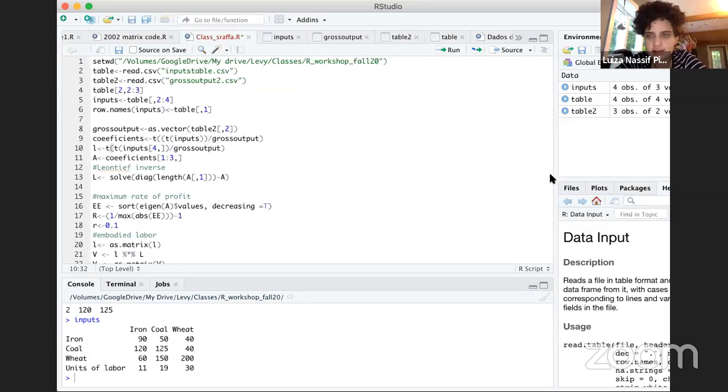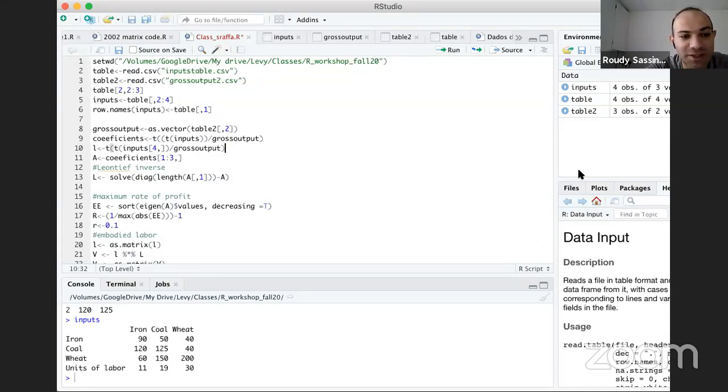Rudy? Actually, to be honest, I wasn't able to upload. I'm honestly not able to upload the tables from Excel into RStudio. It's not that I wasn't able. I don't know how to do it.